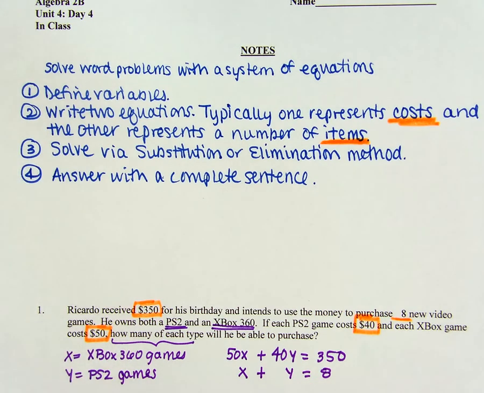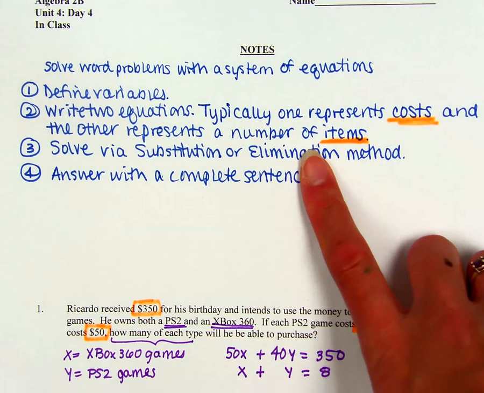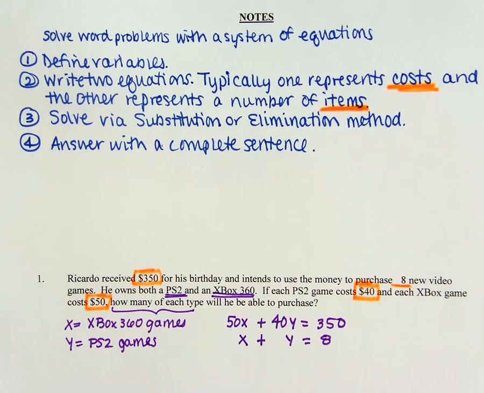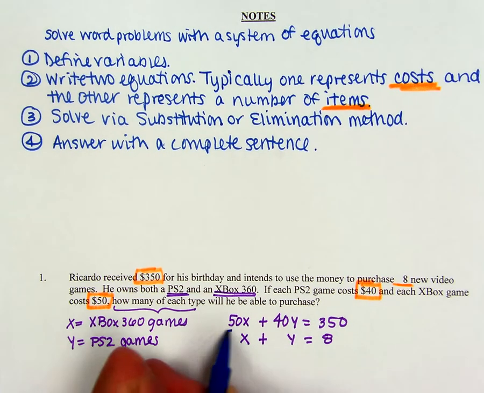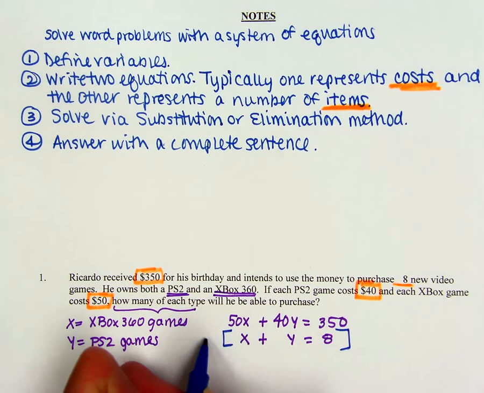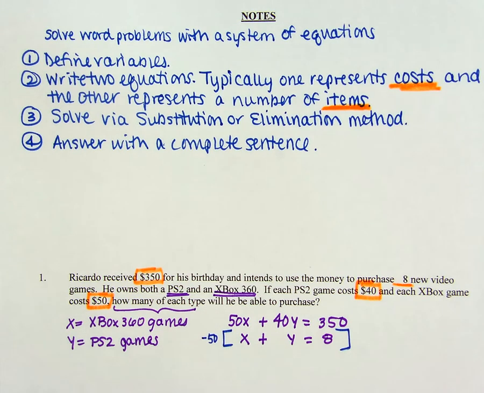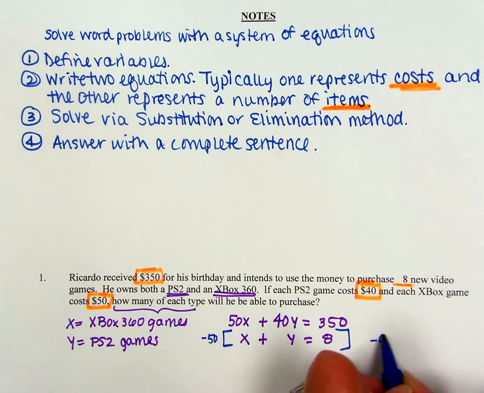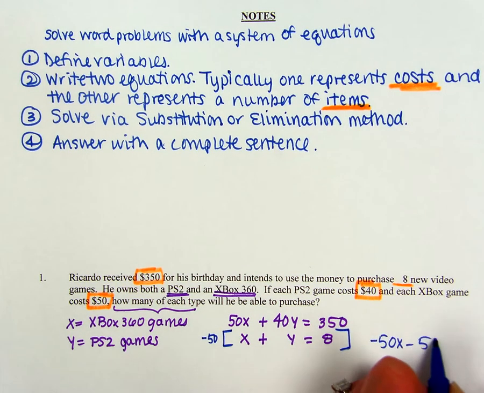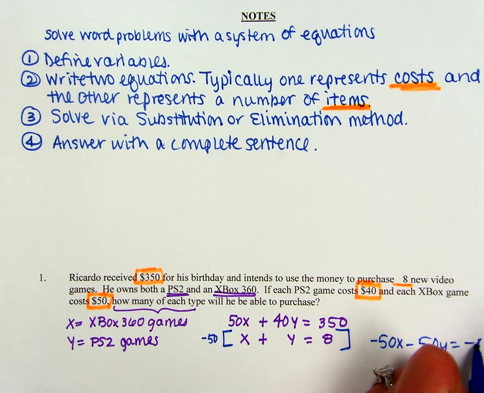So you're going to look, do you have x equals or y equals? Well, no, they're just lined up. So if they're lined up, that's my elimination method. All right, so let's just make these be opposites. If I want to find the opposite of 50, I want this to say negative 50. So I have to multiply it all by negative 50. So I have negative 50x minus 50y equals negative, whatever 50 times 8 is, which is negative 400.